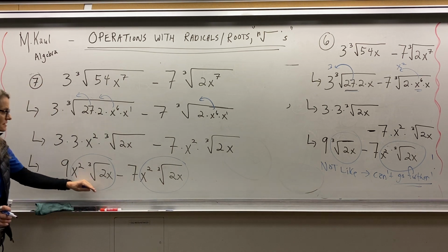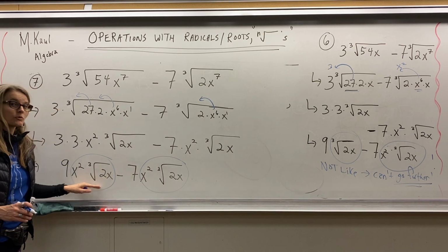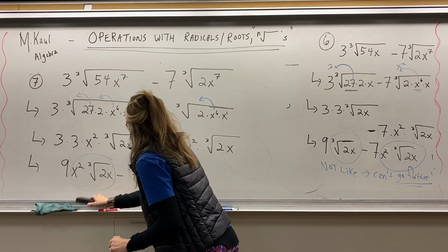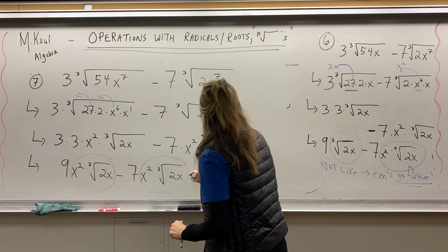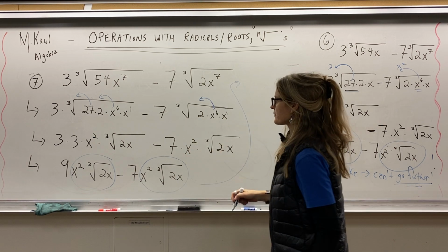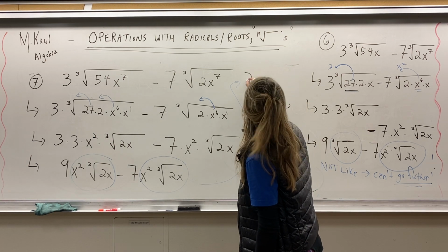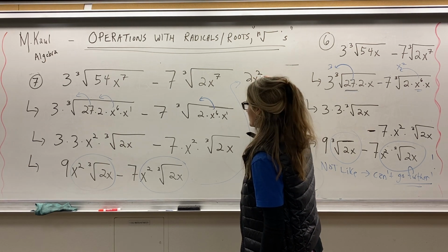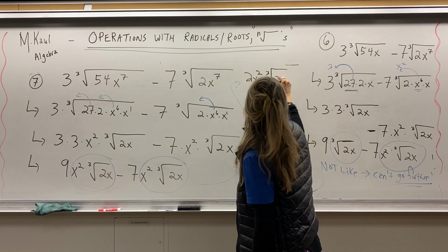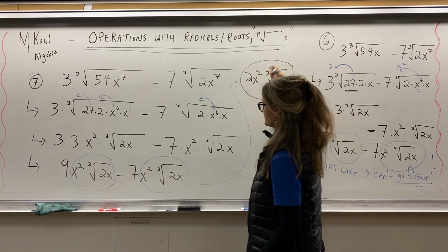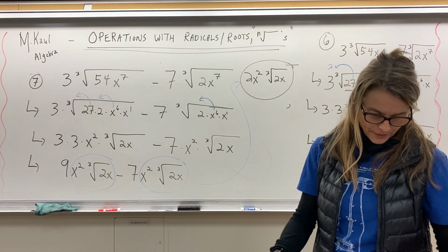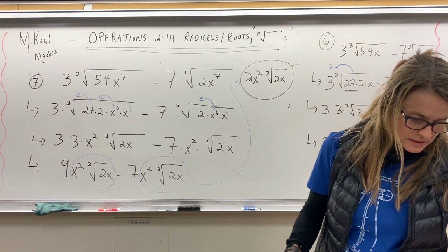These are exactly the same, which is what I need in order to apply the rules of addition, subtraction. And this final answer becomes, I could combine these, squish these together, and get 2x squared cube root of 2x all together. Okay, so that is how that one works. And just double checking.